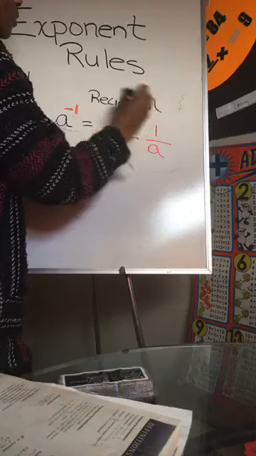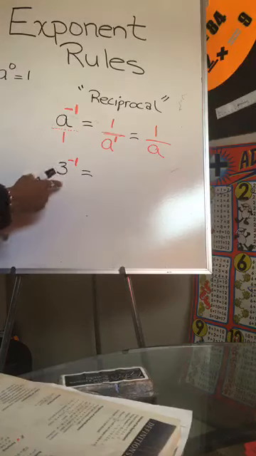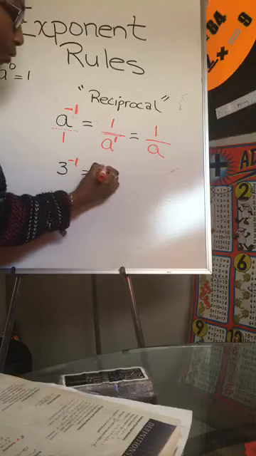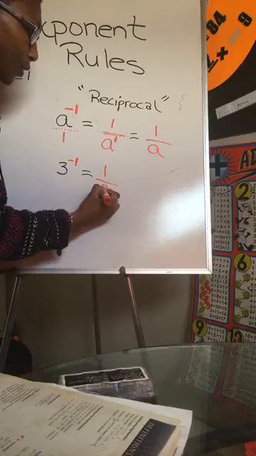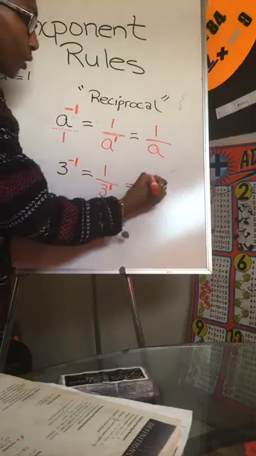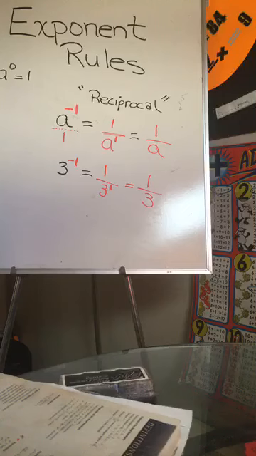I'm big on words because they're definitions, so you'll understand the meaning of it. So 3 raised to the negative 1 is 1 over 3 to the positive first power, which is only 1/3. 1 over 3. All right?